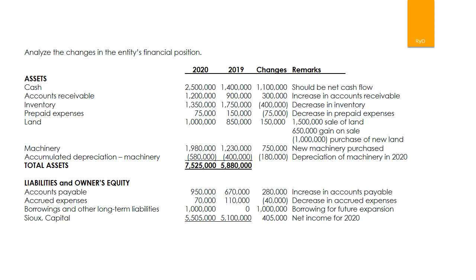So the difference of 405,000 is the net income for 2020. It is the same figure stated in the additional information earlier. Then, our total liabilities and owner's equity is the same as our total assets. So, from here, we can now move on to creating our statement of cash flow.